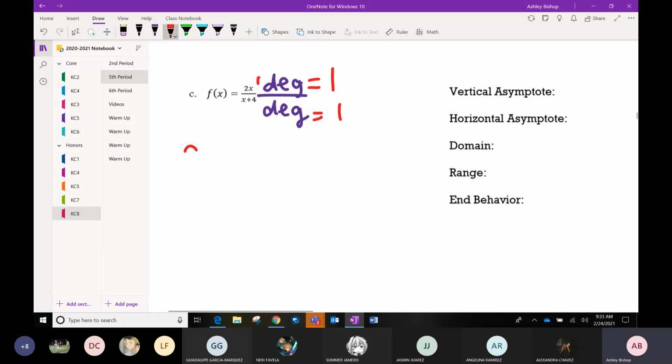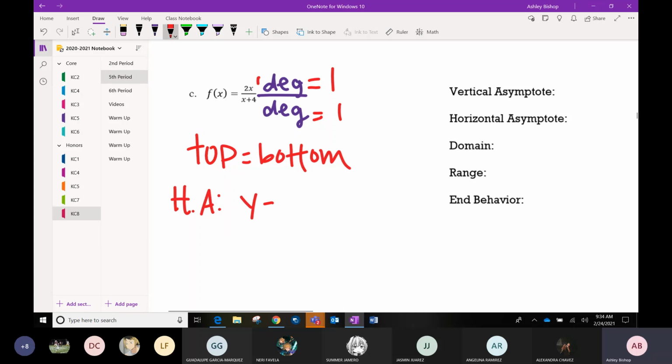So the top equals the bottom. I'm not going to scroll back to the rules, but you know where to find your rules on page 3. If the top is equal to the bottom, then your horizontal asymptote is equal to the leading coefficient of the top number divided by the leading coefficient of the bottom.